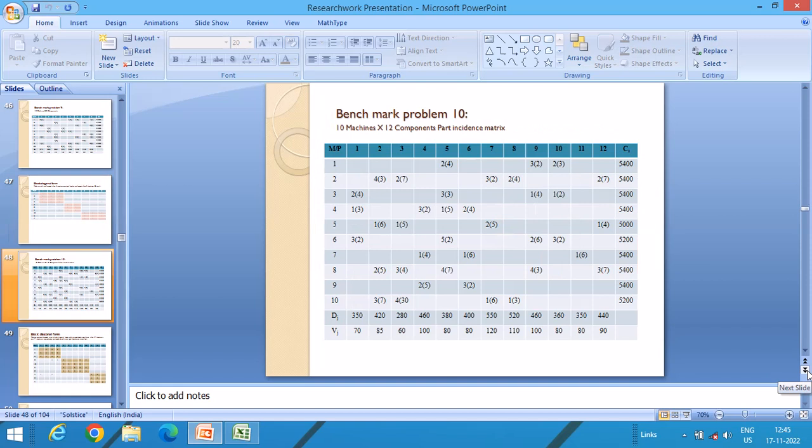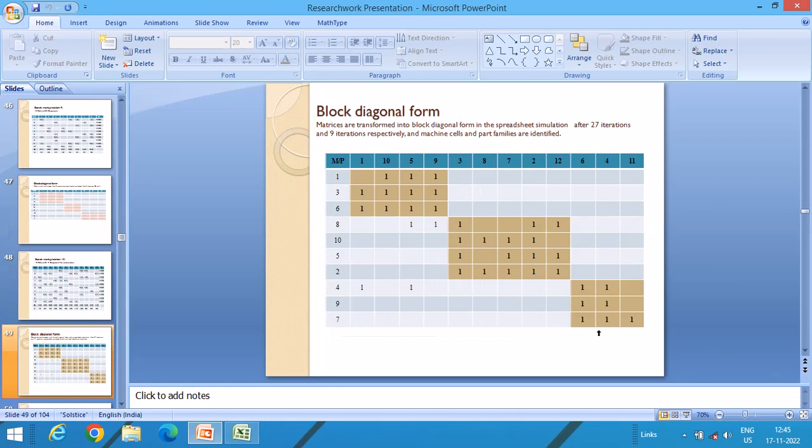And in the next problem, 10 machines 12 components, we have got 3 clusters and 4 exceptional elements. So simulations are carried out up to 27 iterations for machine cells and 9 iterations for part families.